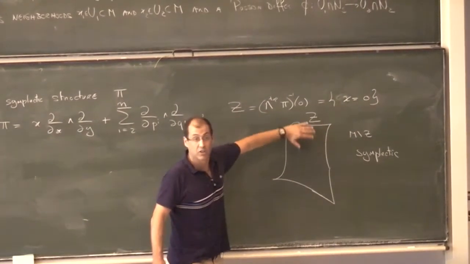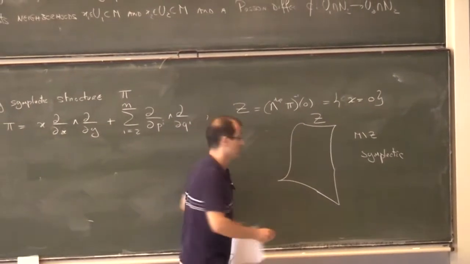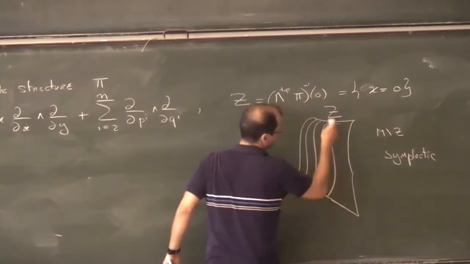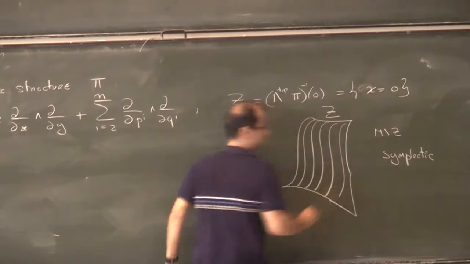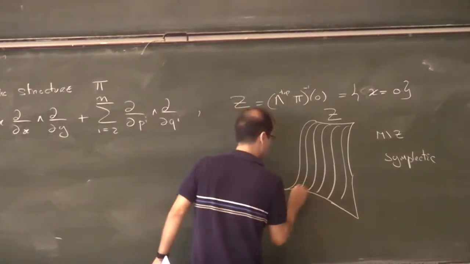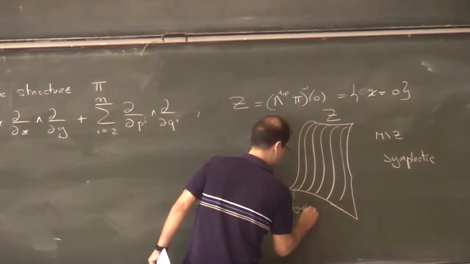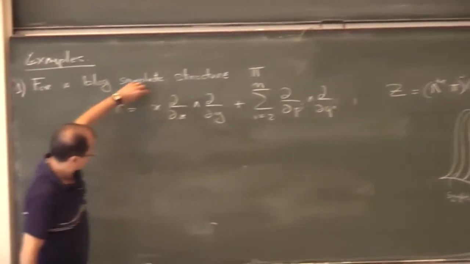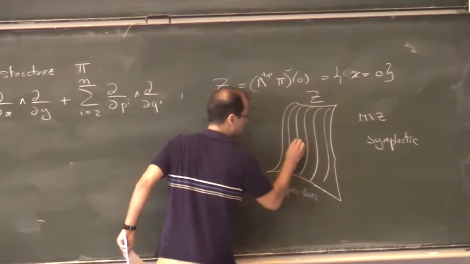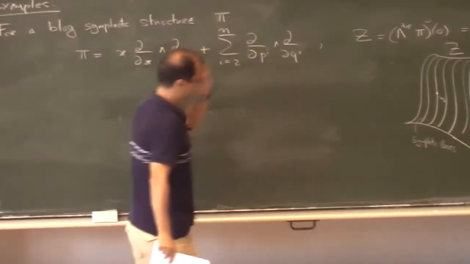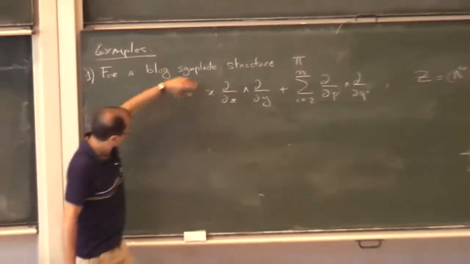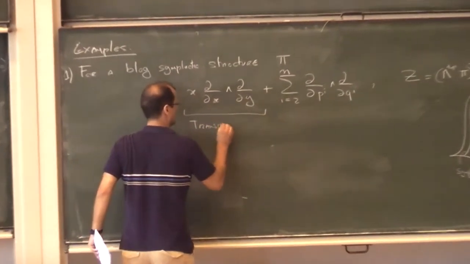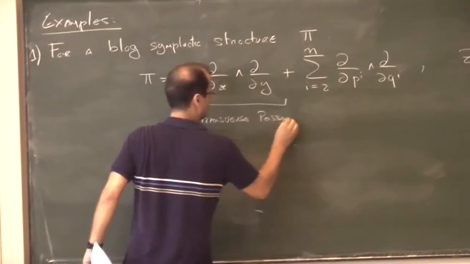And then you have Z. On Z you have a codimension 1 foliation in Z, or codimension 2 in M, by submanifolds which are symplectic leaves. Right? So if I fix a point in Z where I have these local coordinates, this is the transverse Poisson structure. Okay?